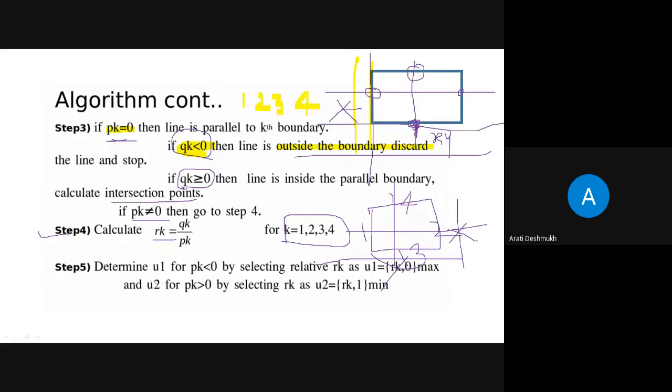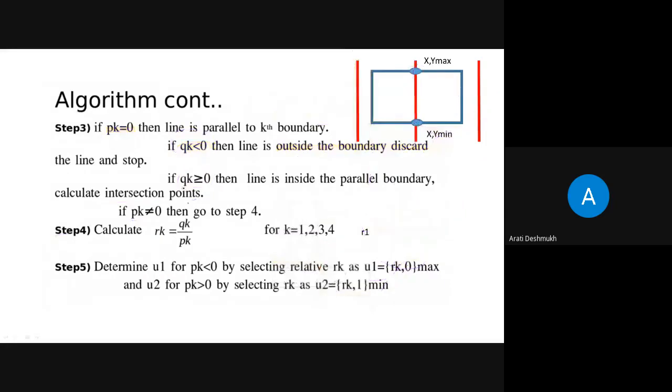After that, we find out u1, the first intersection point, by selecting the relevant Rk as Uk. And this is very important. If we say Rk means R1, R2, R3, R4, and if this is a line parallel to your boundary and outside it, then you discard it.